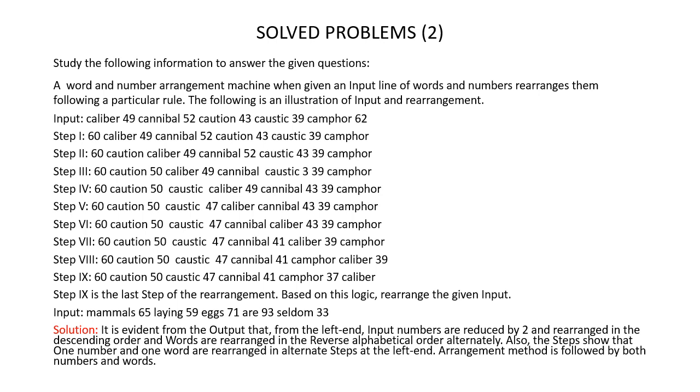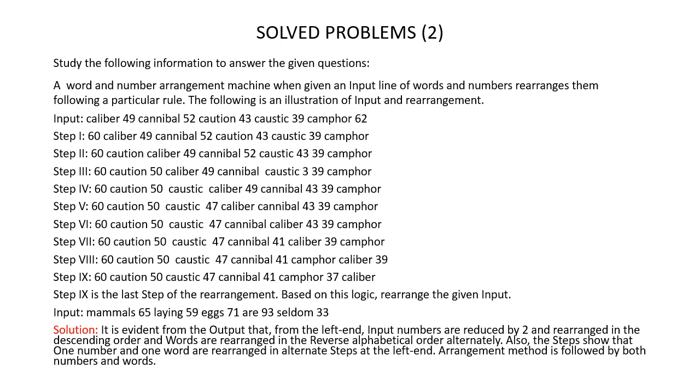Now when you look at the final output from the left end, you will see that the numbers in the output are completely different from the numbers in the input. So this shows that some mathematical operation is being done on the input numbers to get the output numbers.